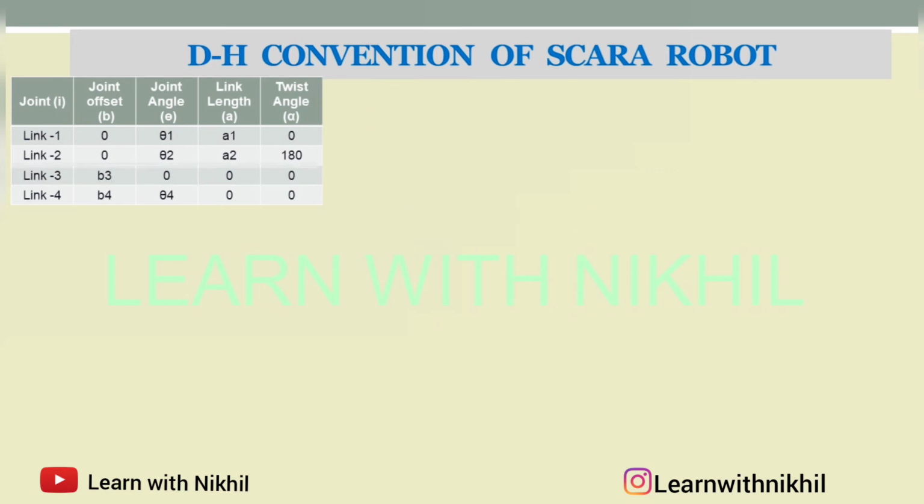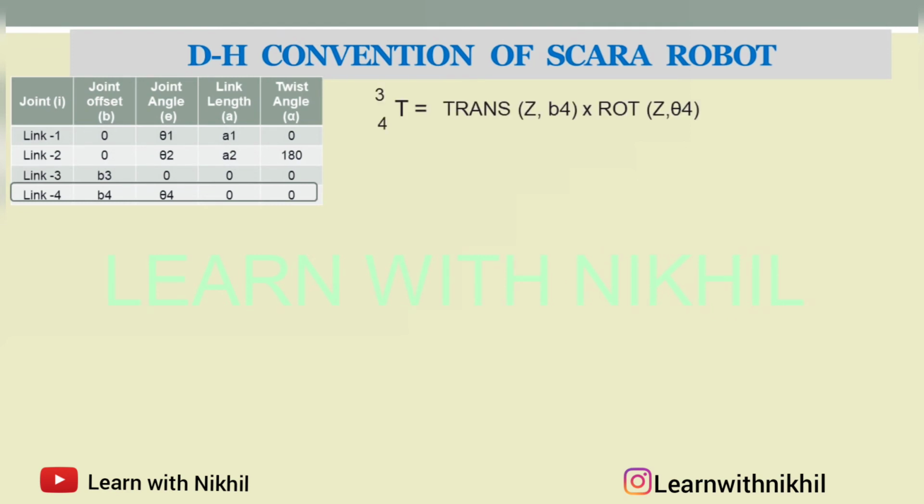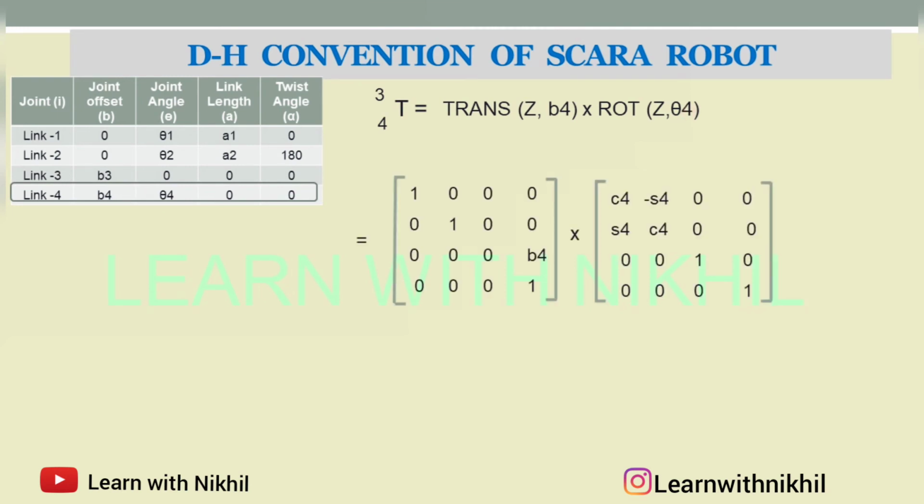Finally, for link 4, transformation of 4 with respect to 3, you have one translation matrix and one rotation matrix. So this is translation along z comma B4, and rotation is about z axis with an angle of theta 4. Again these are the standard values.